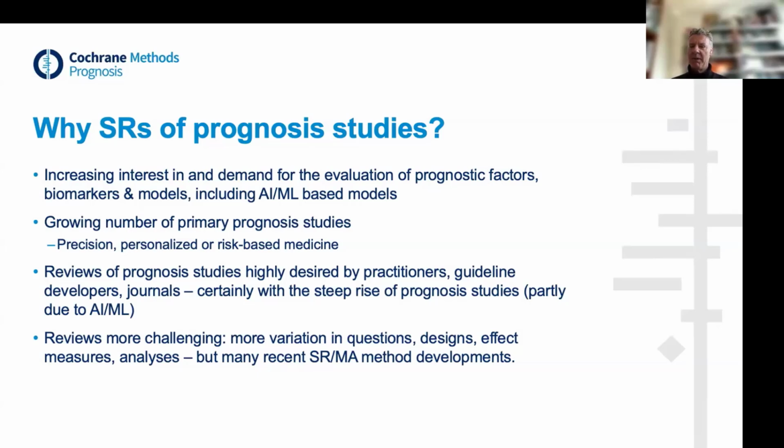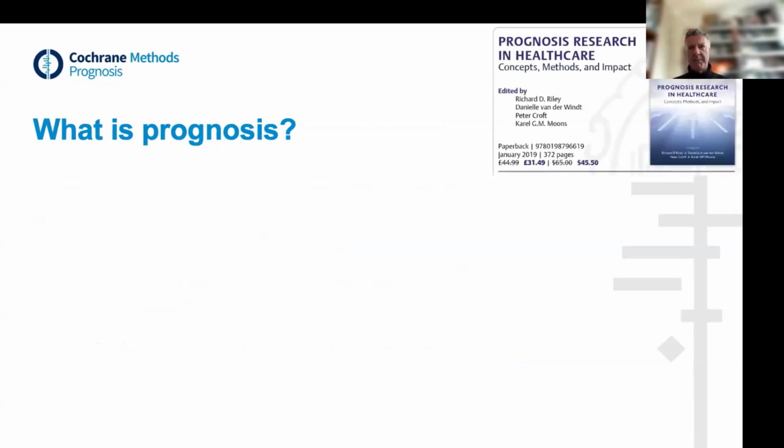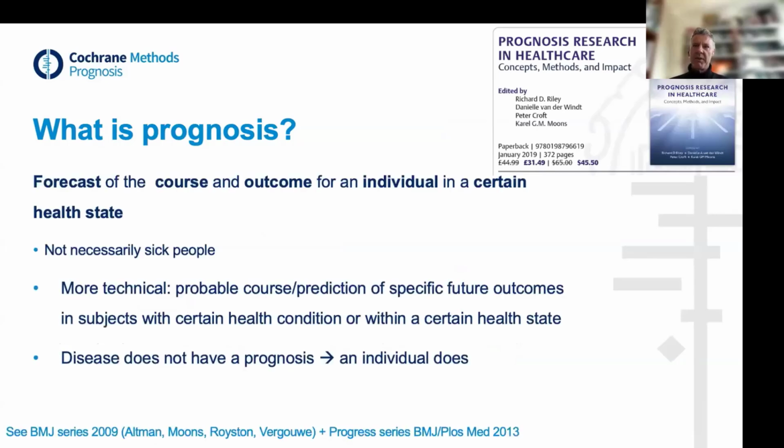But my hunch is that you ain't seen nothing yet, because I think almost the majority of current publications in the literature is very much on prognosis. I will abbreviate shortly in the next slide what type of prognosis studies we mean.